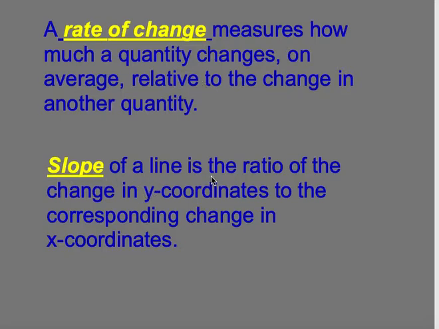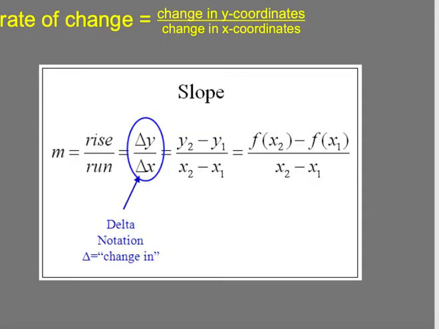So the slope of a line in algebra is the ratio of the change in the y coordinates to the corresponding change in the x coordinates. All right, so how does that look in a formula? Again, we're comparing that rate of change as the change in the y coordinates and the change in the x coordinates.